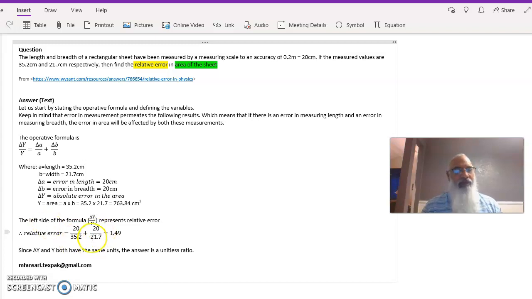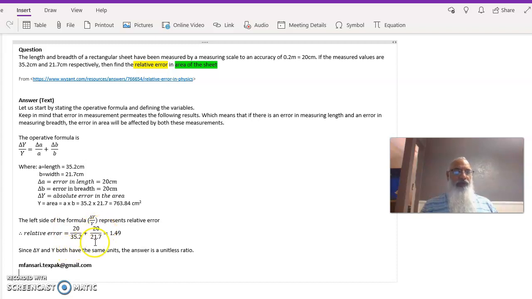And something you can verify by calculation, so I'm not going to go into the details of that. Math is not our focus right now. Our focus is the physics of measurement. All right, so the value comes out 1.49, and the 20 in each of these cases is centimeters.